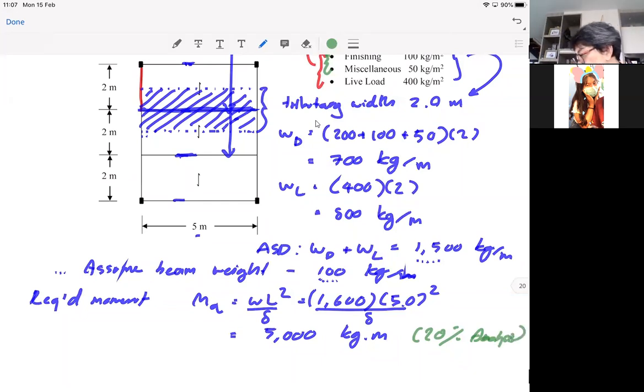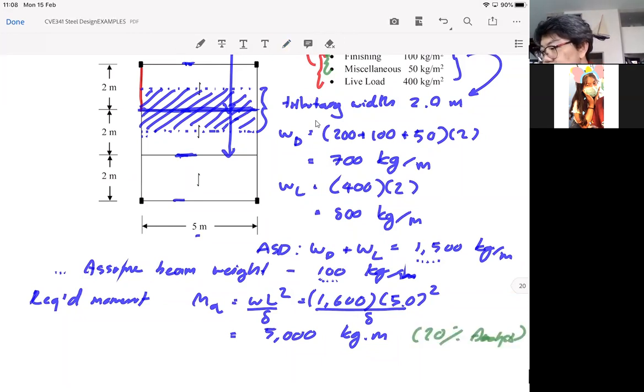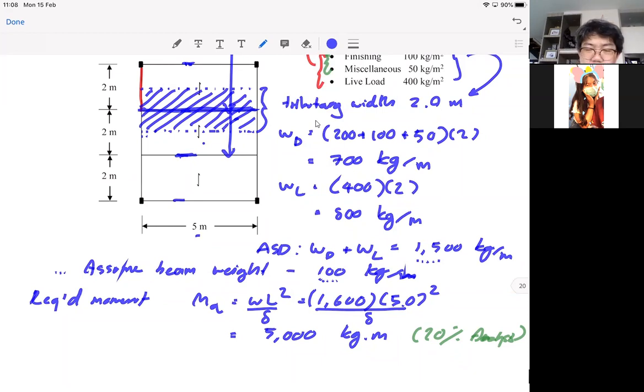Okay, and now, because we are using this say one-way slab floor system, you know that the floor will help brace the beam.